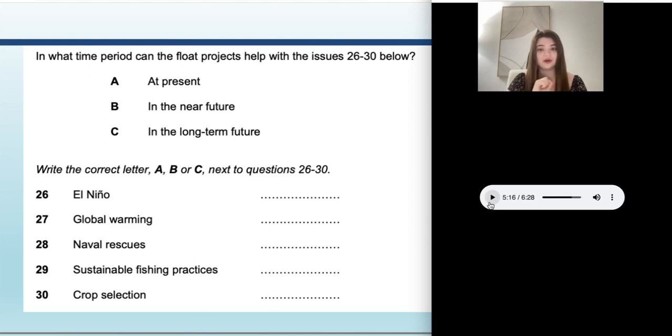Agriculture has to do with crops, so let's keep listening. This concept is still a long way in the future. So that would be another C, right? A long way in the future for crop selection, but it's still coming.